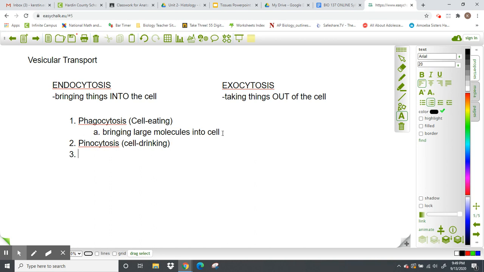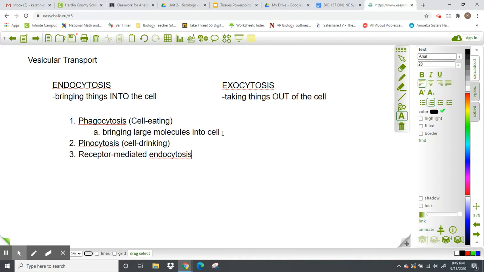Now, the third type of this is called receptor-mediated endocytosis. Essentially, on your cell membrane you're going to have these little receptors.